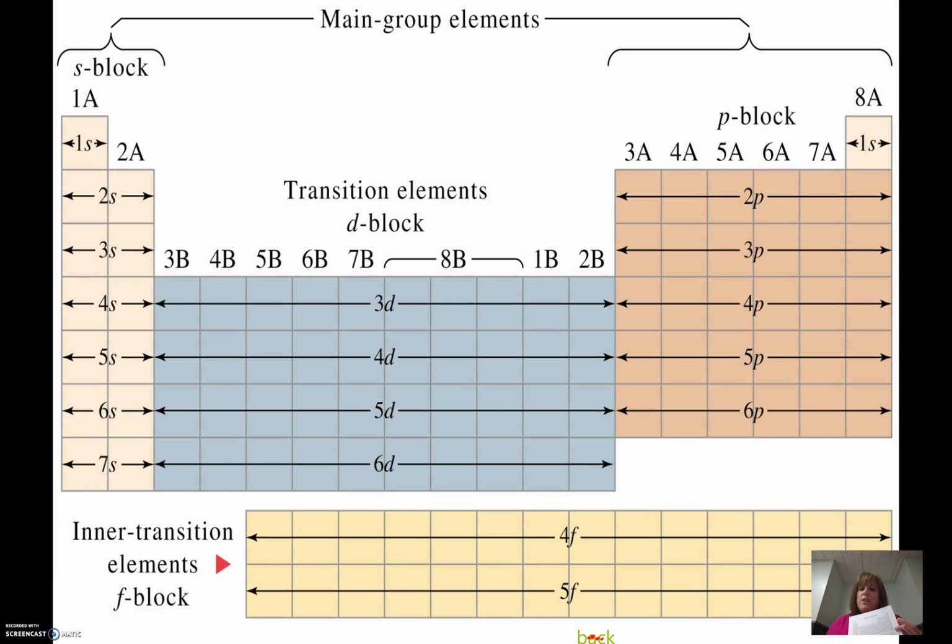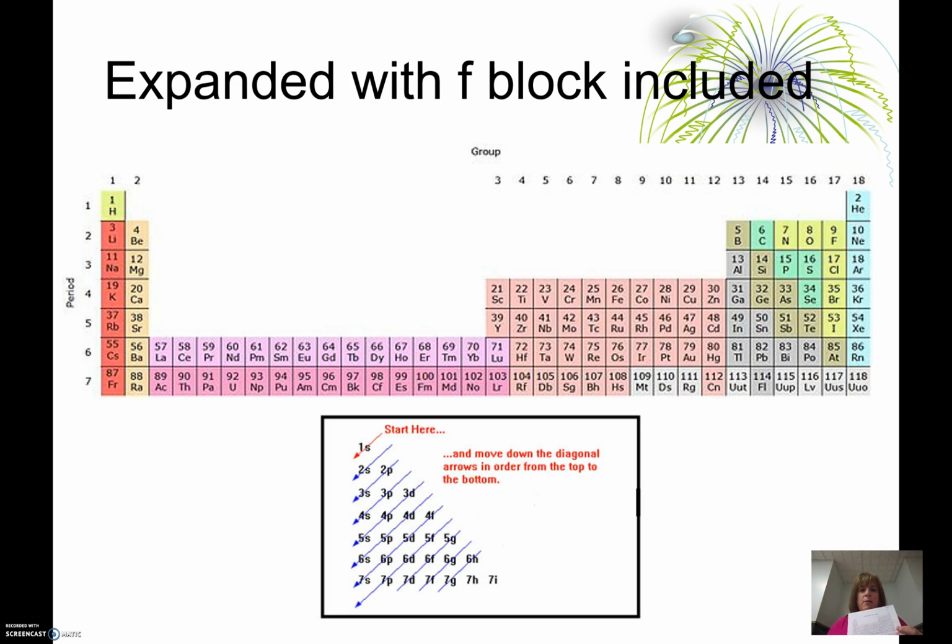So how do we use this? Well, we're going to start filling our electrons and just move along till we get to the element of interest. But there's one little trick here, and I think it's easiest probably to see it here. If we actually put the F block in where it belongs, it goes into the 6th row.